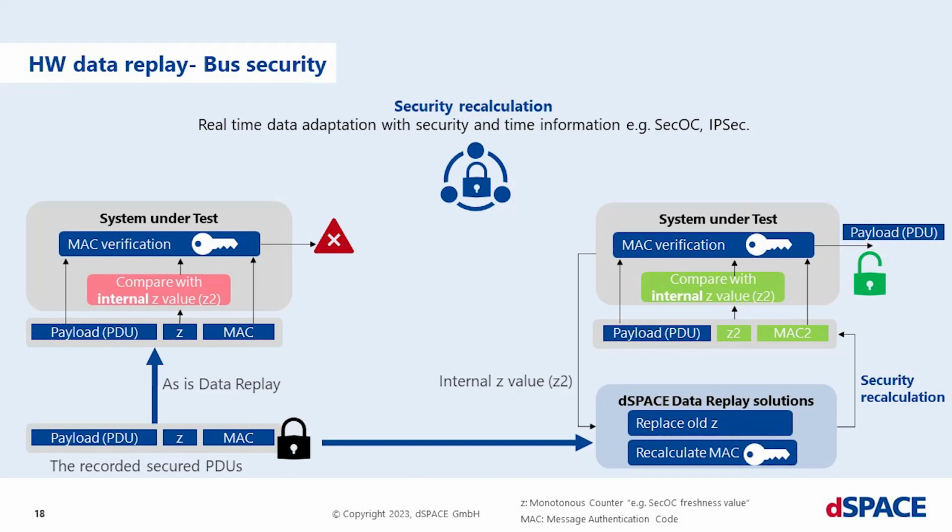For this purpose, an additional algorithm runs on SCALEXIO in real time, which does some pre-processing. It opens the relevant part of each bus data frame to be replayed, updates the security-related values according to the needs, and recalculates the MAC of the frame. The manipulated frames are passed to the SUT.